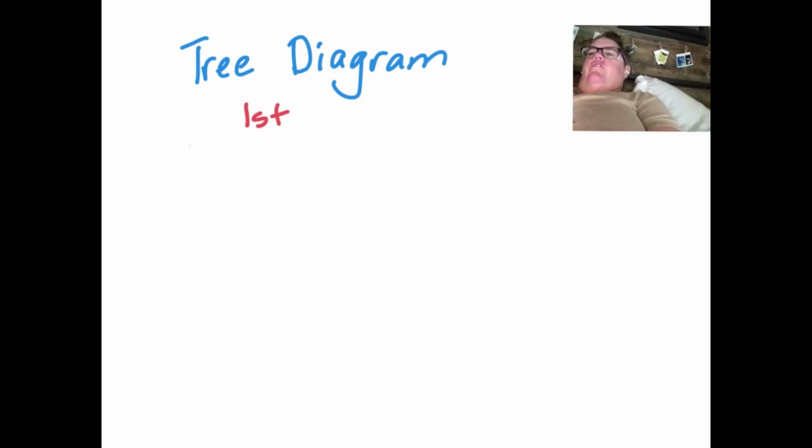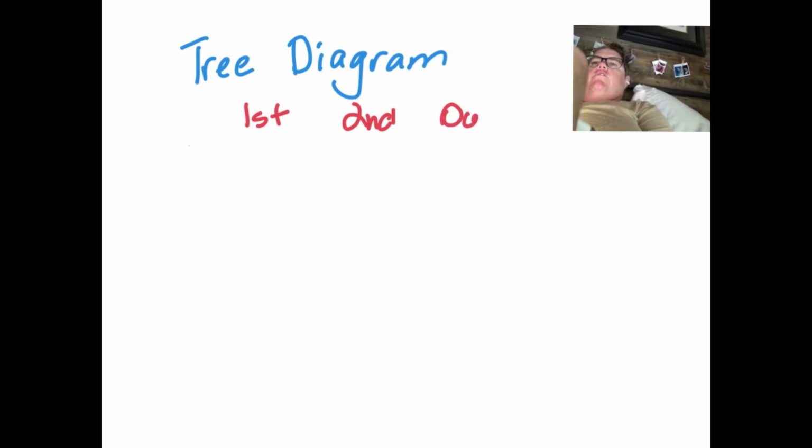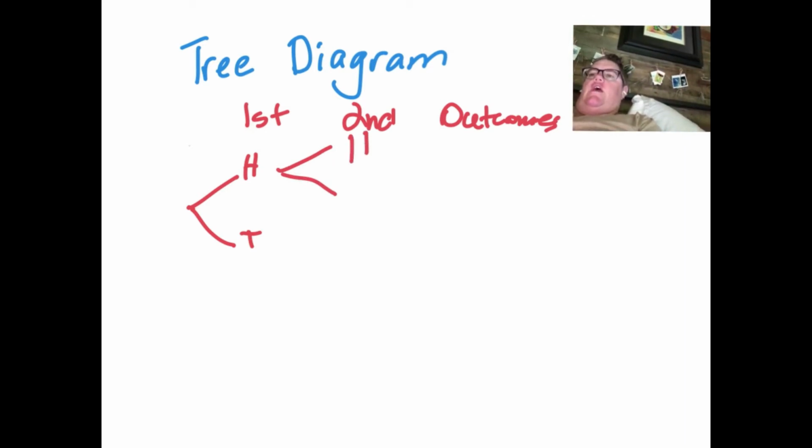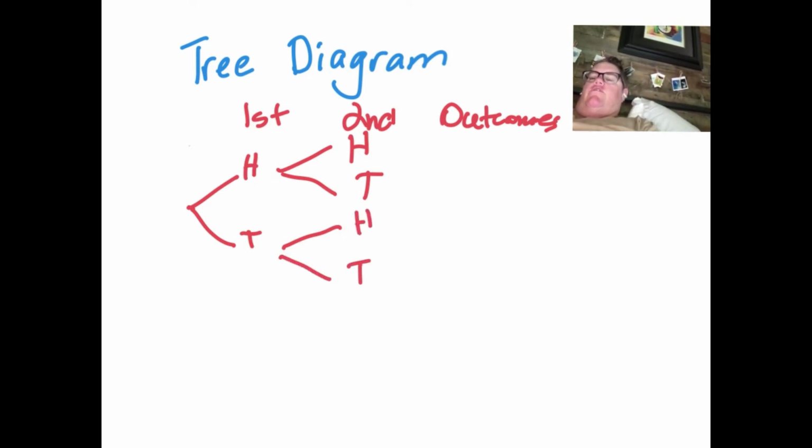So we have our first flip and our second flip, and over here we're going to write outcomes. When we flip the coin the first time, we could get a head or a tail. The second flip, again we could get a head or a tail, or if we got a tail the first time, again we could get a head or a tail.